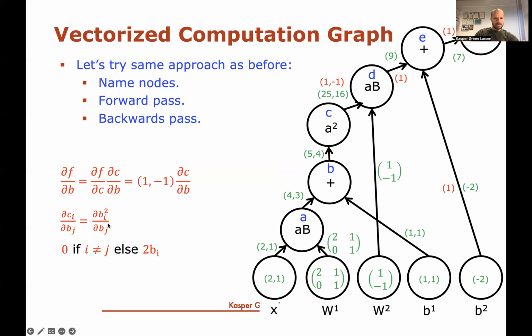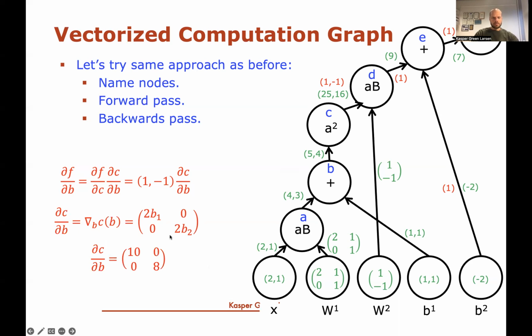Now, if i is not equal to j, then this is just 0 because Bj does not appear in the numerator. And otherwise, it's just going to be 2Bi. So really, this matrix of derivatives is going to be the diagonal matrix that on the first diagonal entry contains 2 times b1, and on the second diagonal entry contains 2 times b2. Off diagonal is 0.